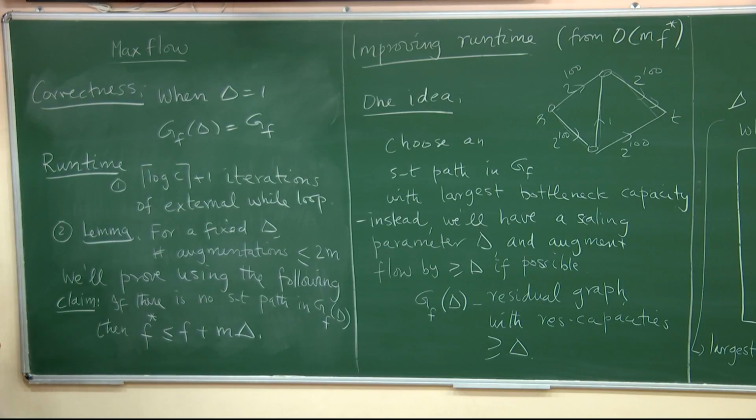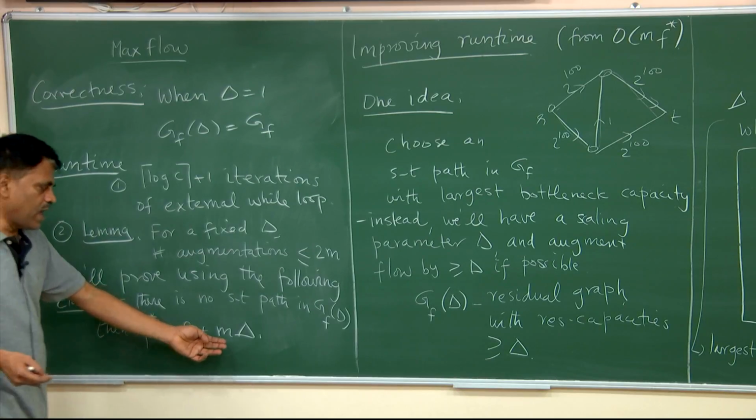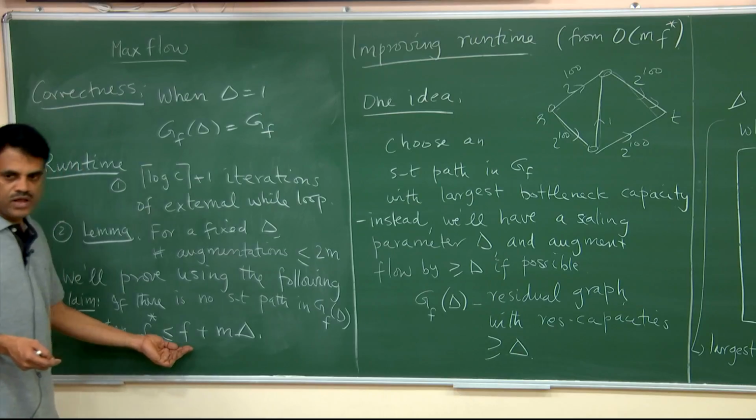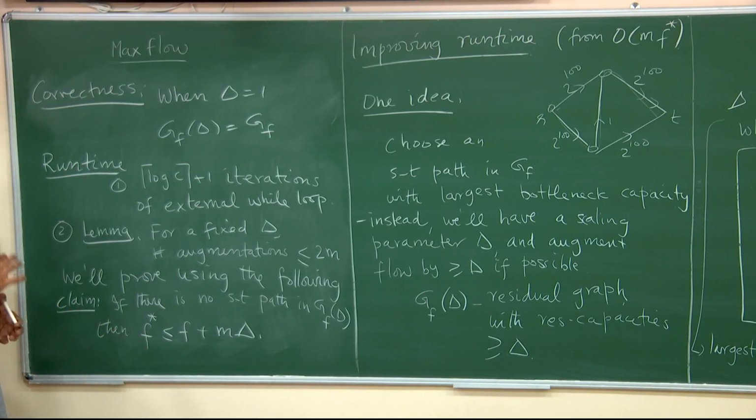Using the same kind of argument, we will show that for a fixed delta, if you reached a flow where there is no augmenting path in G_f delta, then the optimum flow is never more than m delta from your current f. Okay, but let's assume this claim. This claim would require a few lines of proof. Let's just complete the analysis.